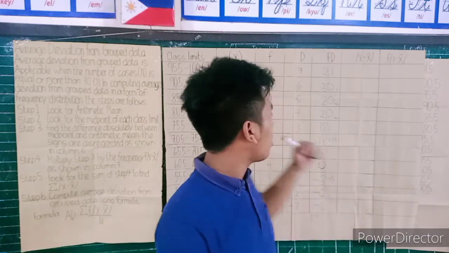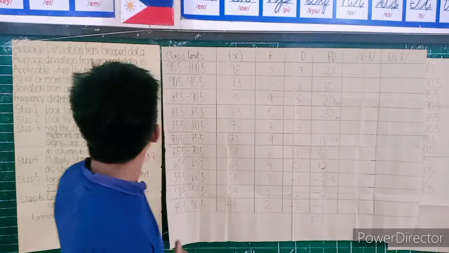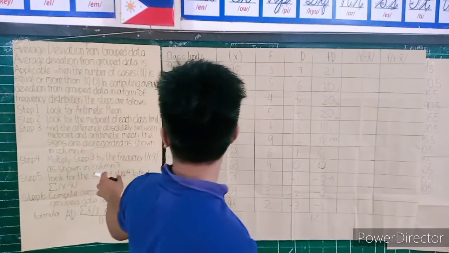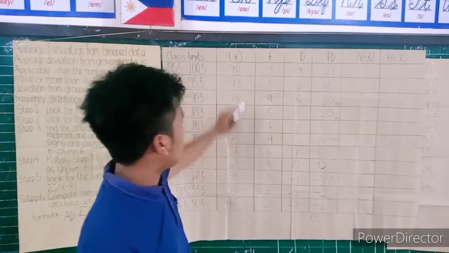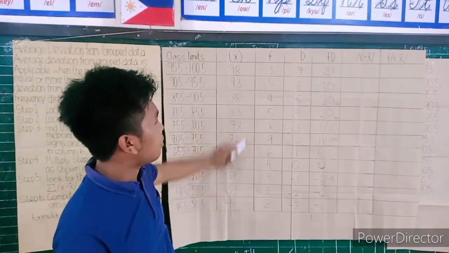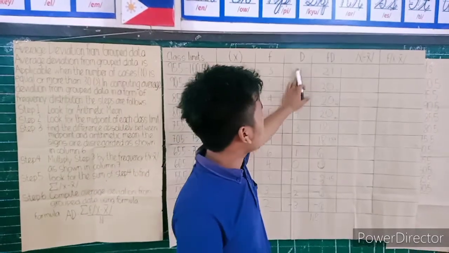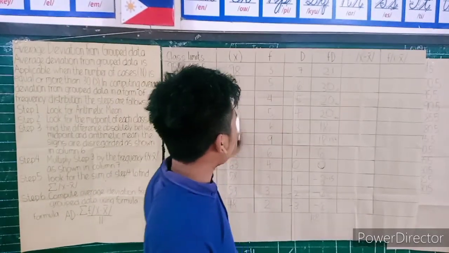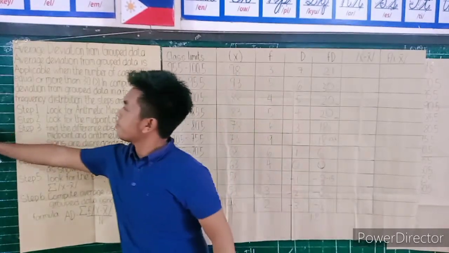We need to take the midpoint, the number of scores, minus the arithmetic mean, which is 74.8.